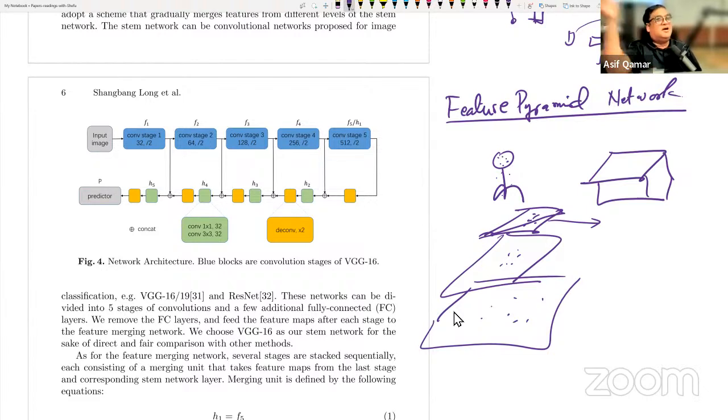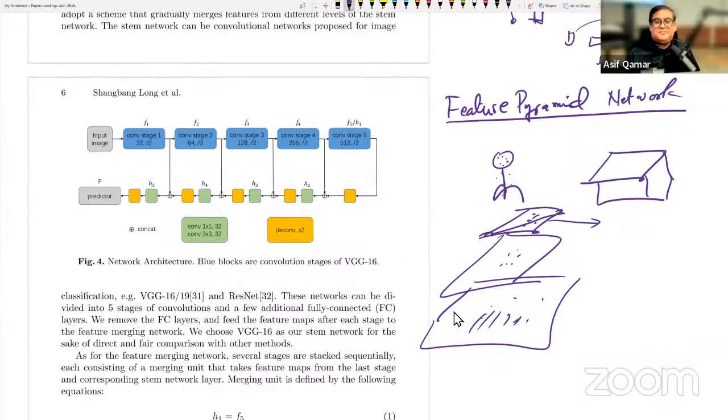Because who knows, the top of the house or the wall of the house might begin to look like somebody's dress, right? On the other hand, if you want to tell between two brothers, you need these details. So sometimes it's the outline and sometimes the details. In other words, higher level features or initial features.